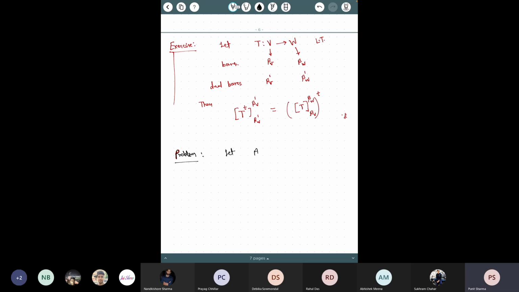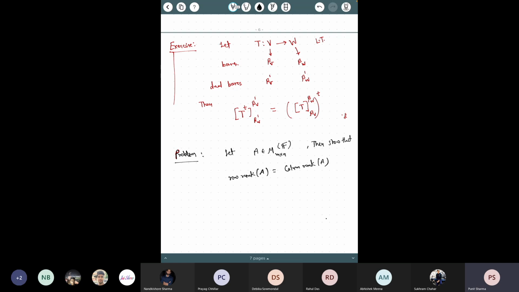Suppose that we have an M cross N matrix A over F, where F is either R or C. Then we have to show that the row rank of A is the same as the column rank of A. You might have heard about this result. You might have also proved it in some other way, but using the previous result, we can actually prove this in a much easier way.